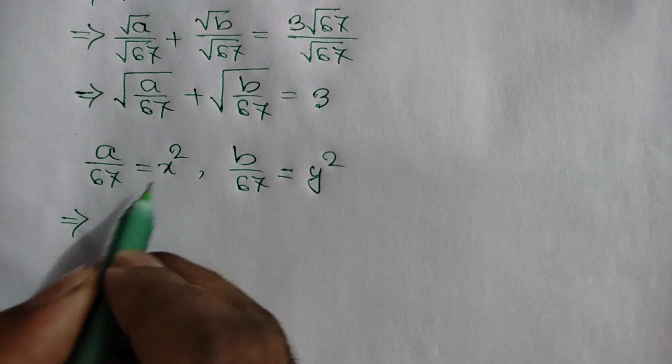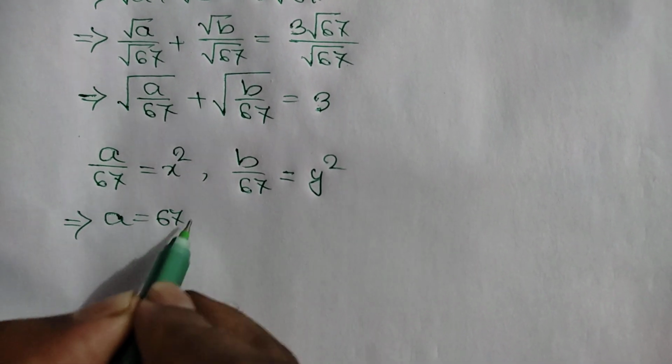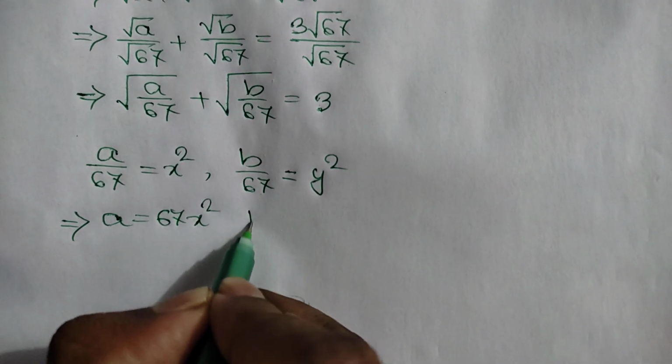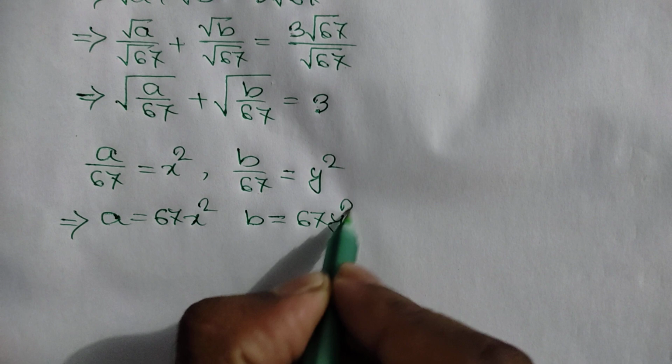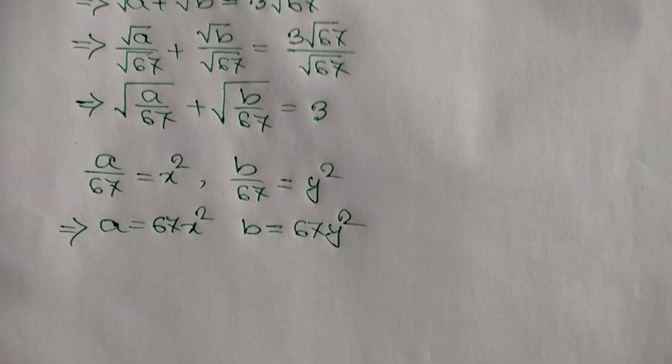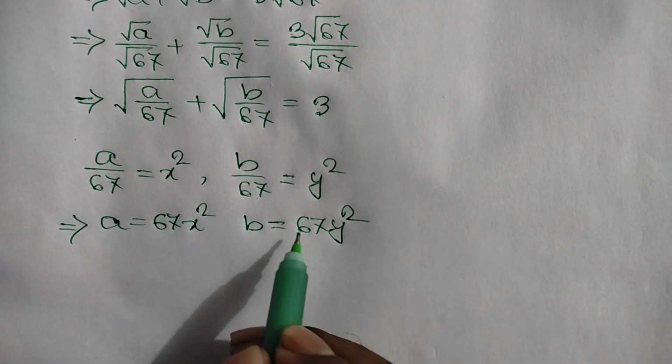Multiplying by 67, we can write A is equal to 67x square and B is equal to 67y square.